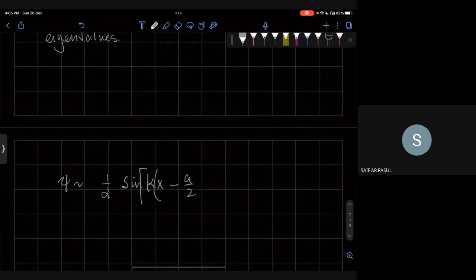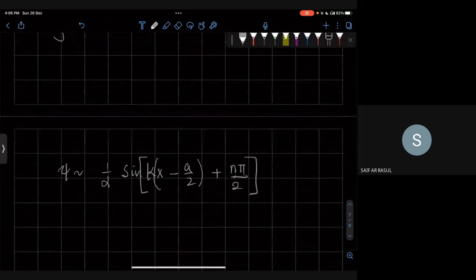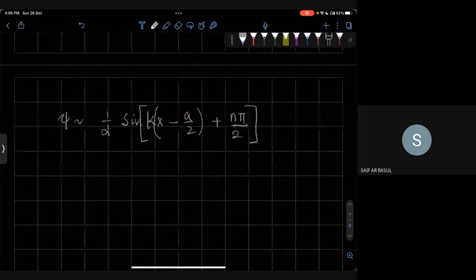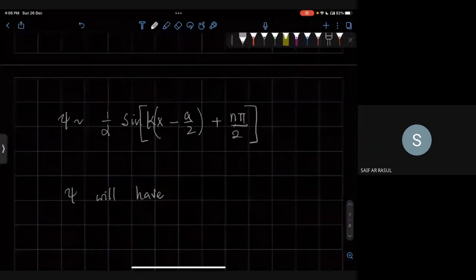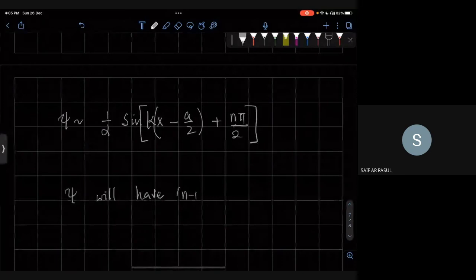And this is best done by picking specific values of n and trying it out. The wave function psi will have n minus 1 zeros for finite x.